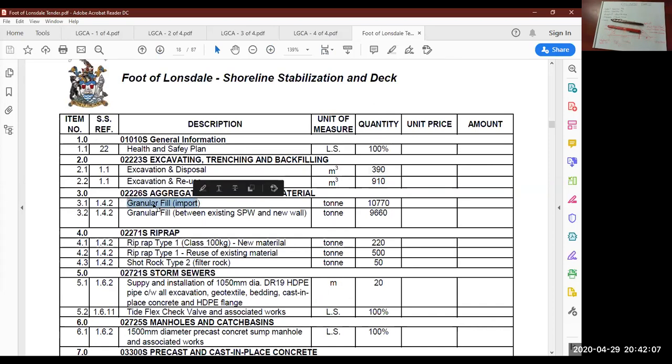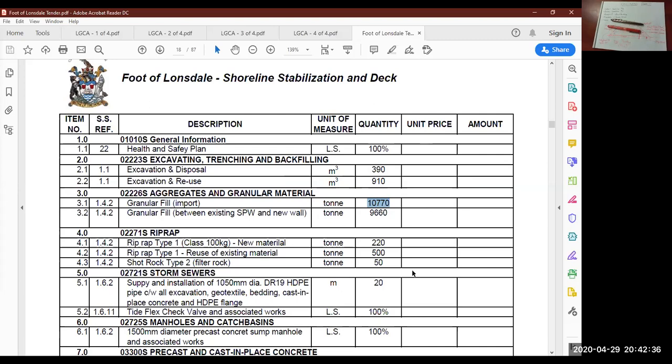Here's a good example: granular fill, your subgrade fills, imported, so you're purchasing gravel here, 10,770 tons. Inside this bid item, when you cost it out, you're going to add 7% to the purchase price of all of this gravel. So your PST cost is going to go in here.